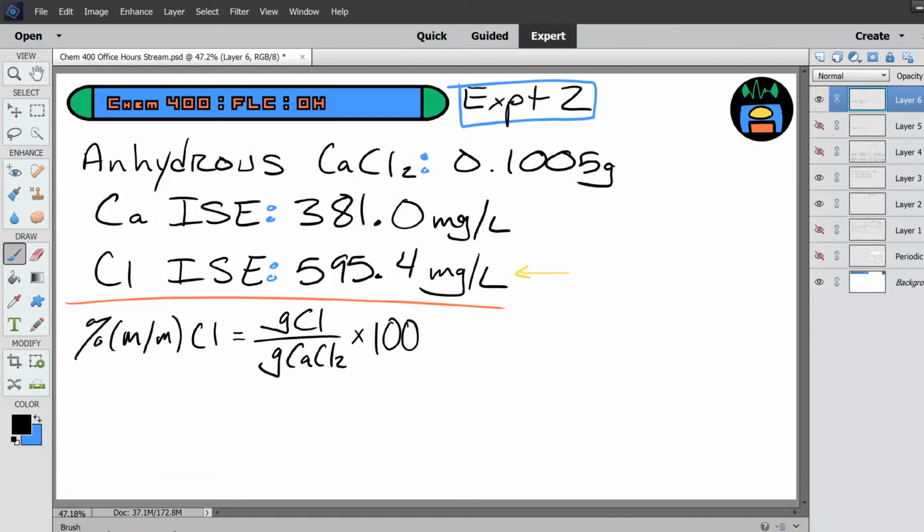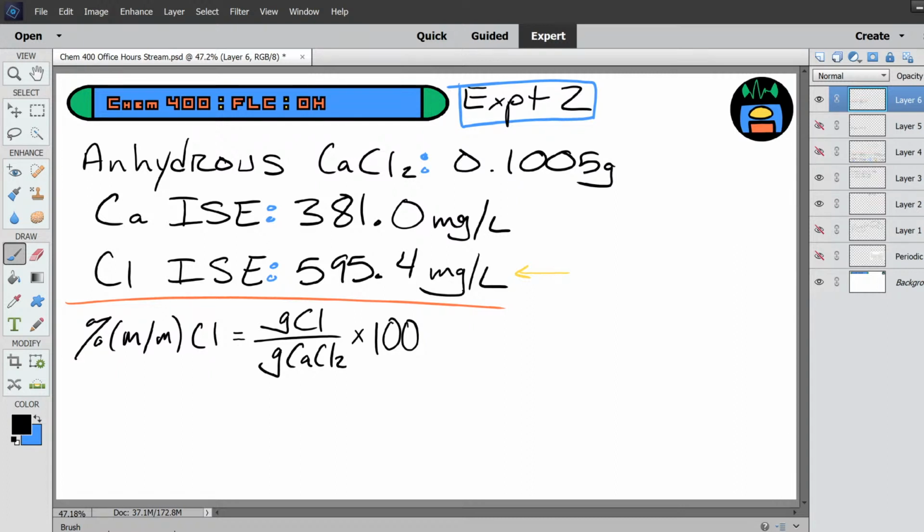The two ISEs and then the mass of anhydrous calcium chloride. So as long as you do the same steps, you can be 100% confident that your number is correct for your data, all right? And that's all that matters. Even if your number has a huge error margin, if your calculations are correct for your data, you'll be getting full credit. So that's the important thing to focus on here.